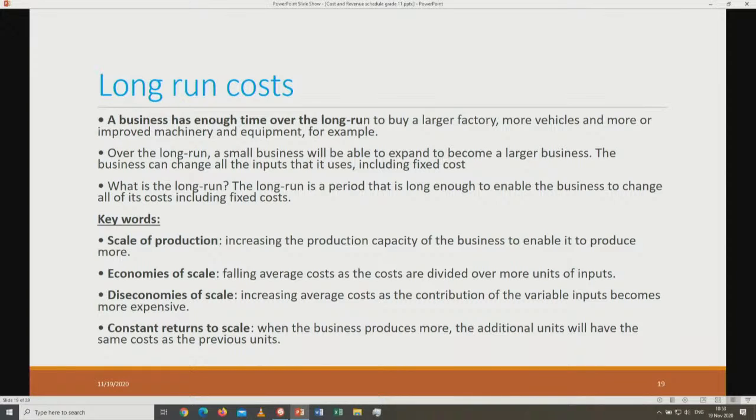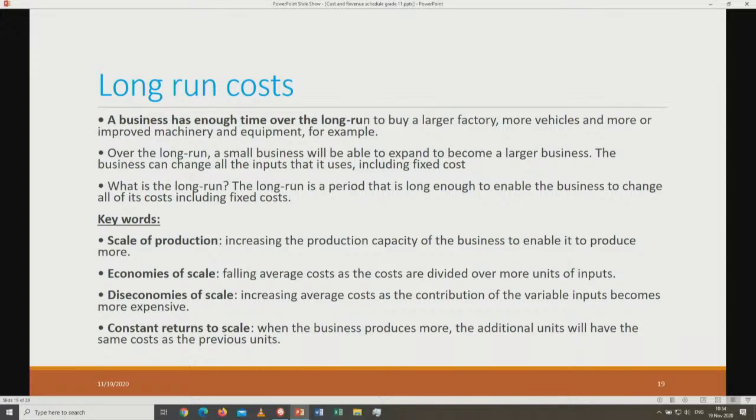The penultimate one is diseconomies of scale. This is where the average cost of the business is increasing as the contribution of the variable inputs becomes more expensive.